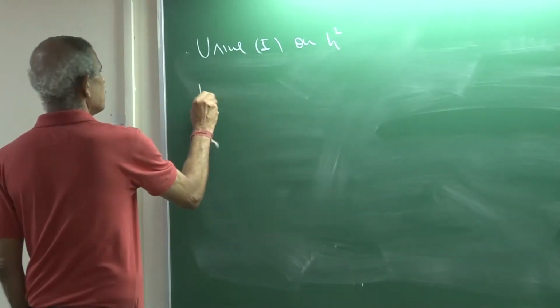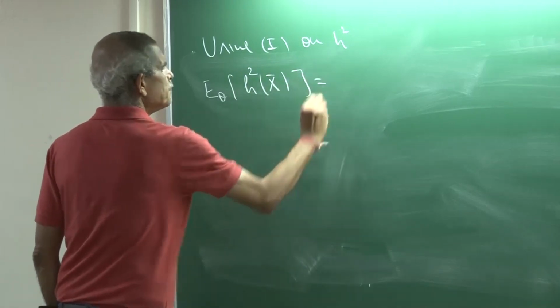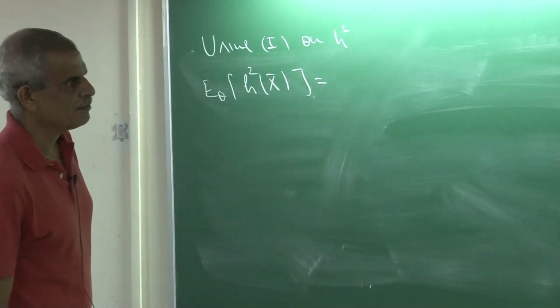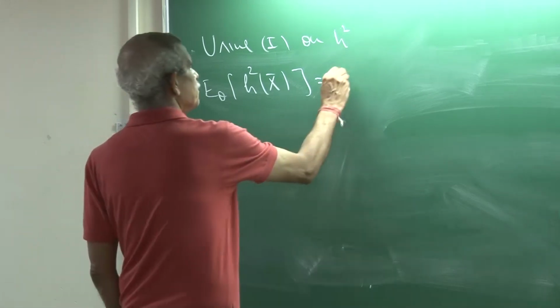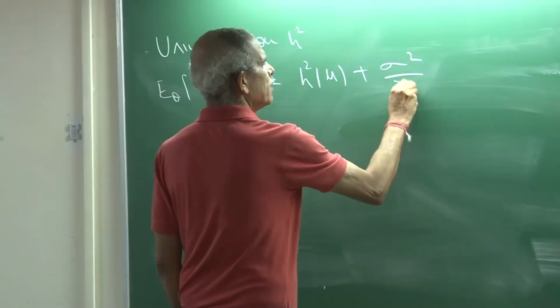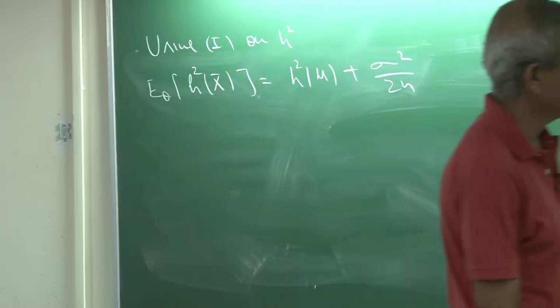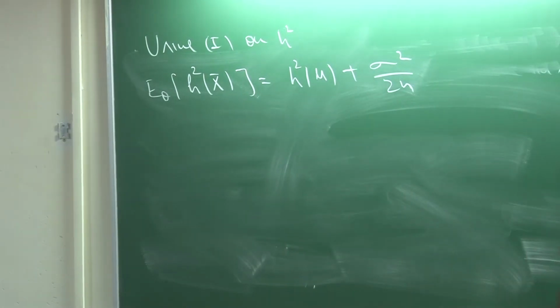The expected value of h square of x bar is the same as h square of mu plus sigma square by 2n, h double prime of mu.